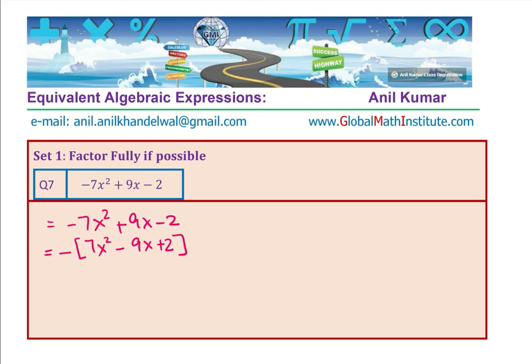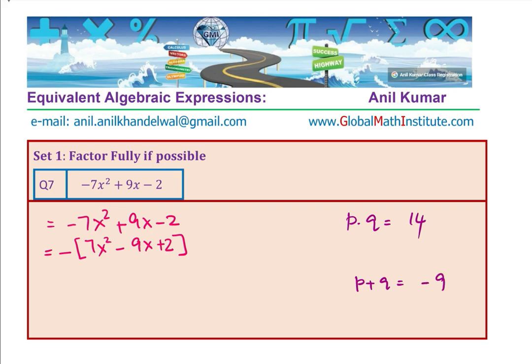And now we'll look for product and sum. We're looking for two numbers whose product is 7 times 2, which is 14, and the sum is minus 9, correct?